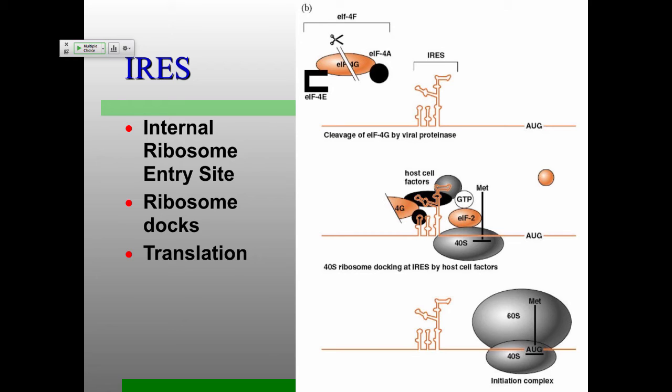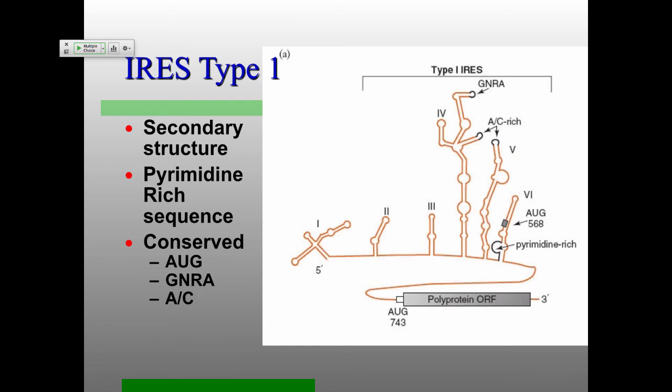And when I say most of the translation, why am I saying most of the translation? Because there's also cellular IRESes and some messenger RNAs. Cellular messenger RNAs also have internal ribosome entry sites, originally discovered with viruses, but then later on found to have this. So what do these viruses look like?